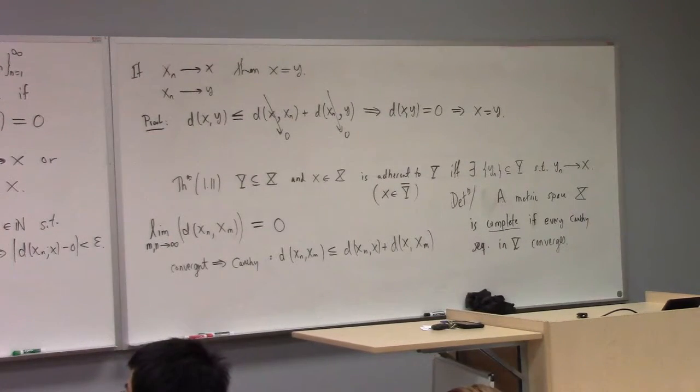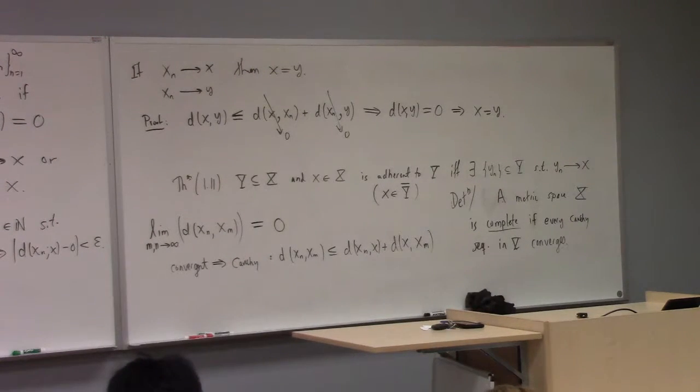What are examples of complete metric spaces? The reals, right, good example. How about the rationals? Take the decimal expansion of the square root of 2. Each one of those is a rational number, right?